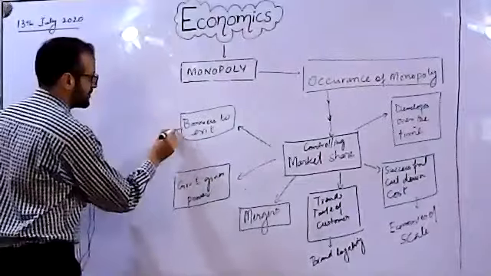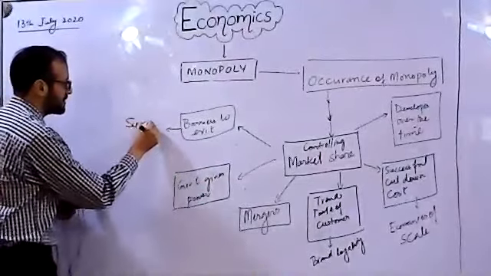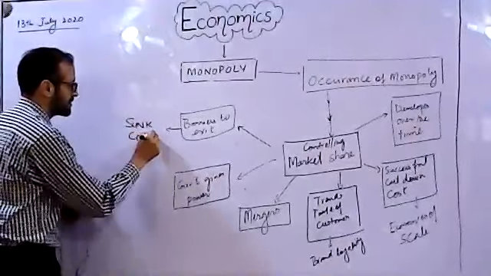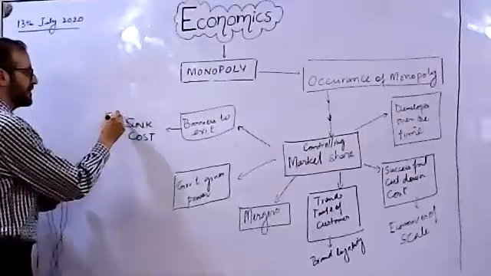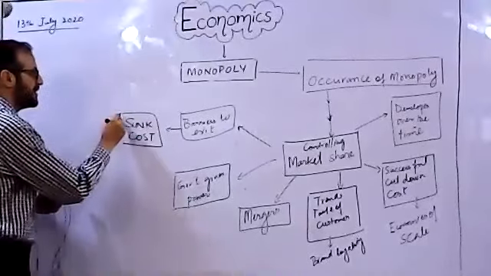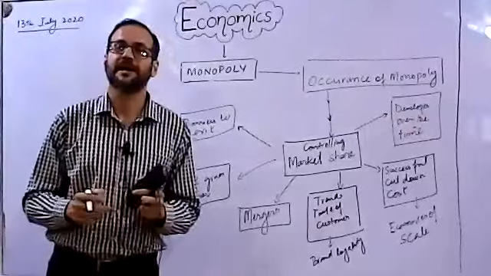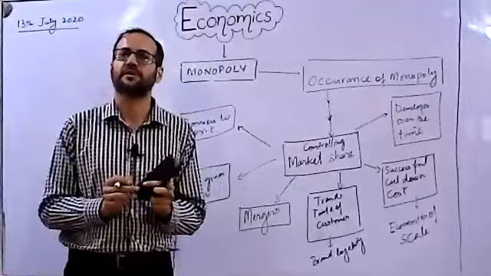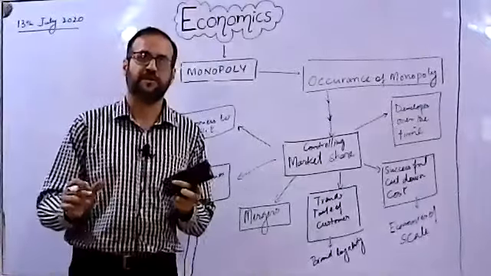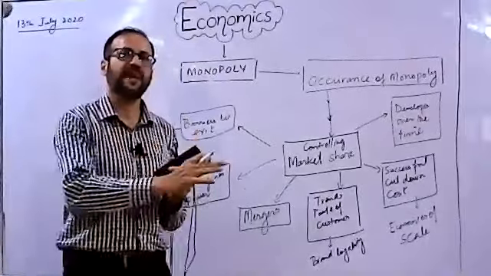It's just because being a monopolist, you have to face a sunk cost. Sunk cost is something which is not going to be recovered. You can't recover it. Why? Initially, when starting a business, you have to bear some kind of cost which is not recoverable. Even if you want to close the business, that will remain waste.